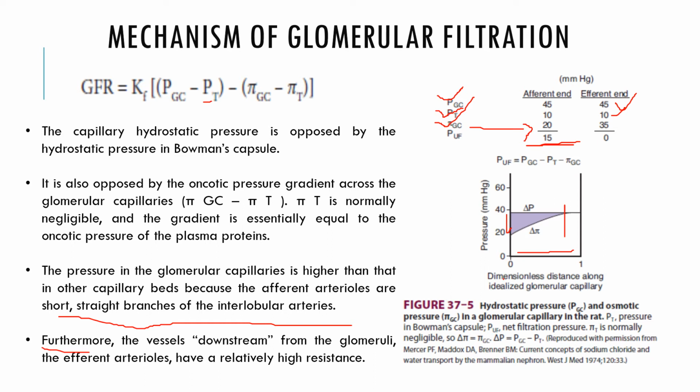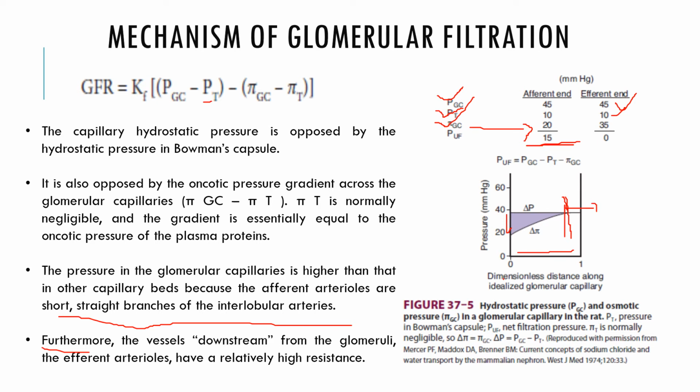So along this pathway, the oncotic pressure of the glomerular capillary gradually increases. There will be a point where it attains a value at which the filtration force becomes 0 and filtration stops. So if the renal blood flow increases, this point where filtration stops can be pushed more towards the efferent arteriole.